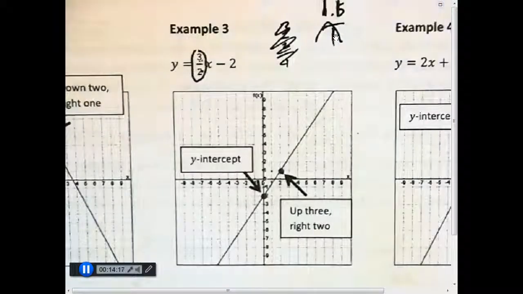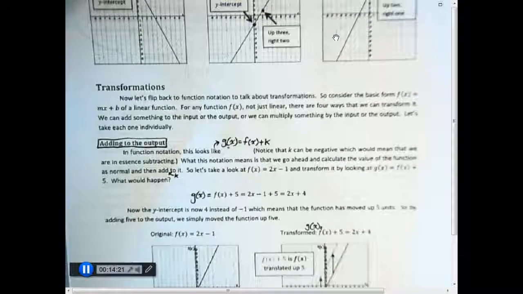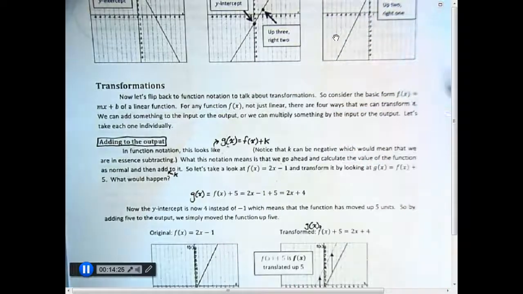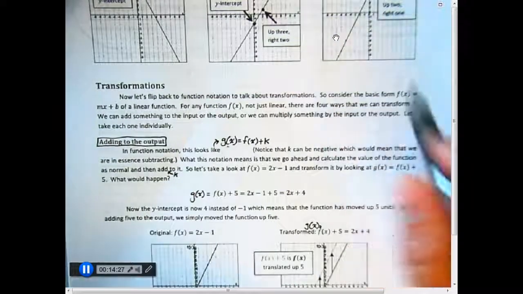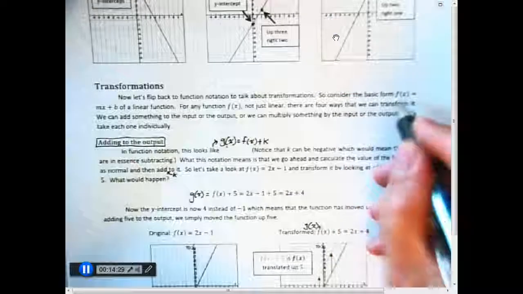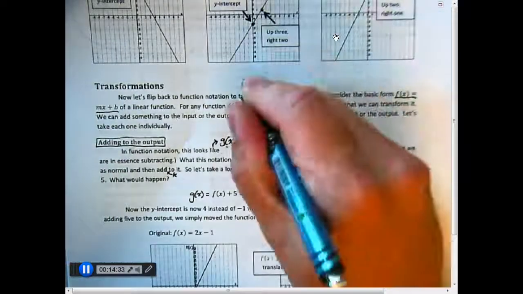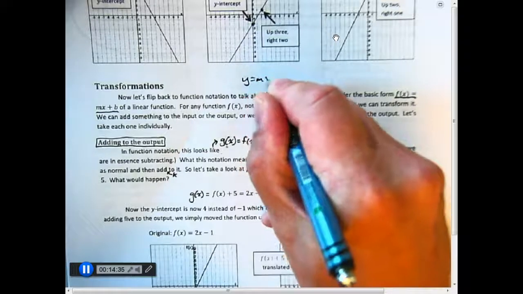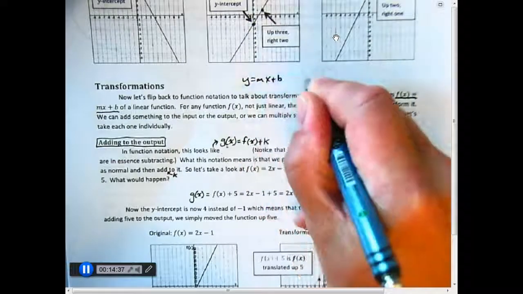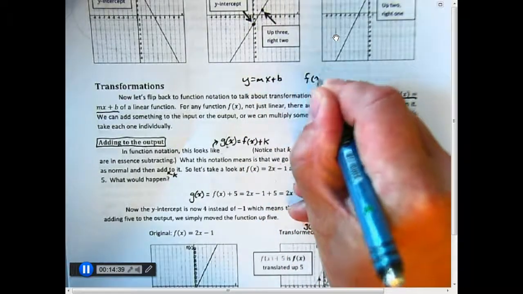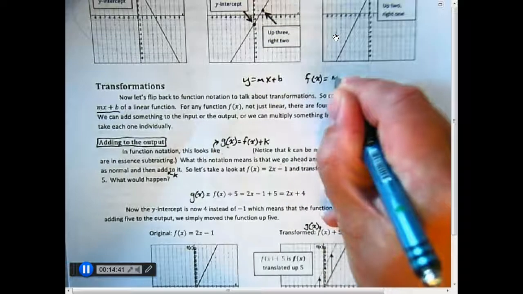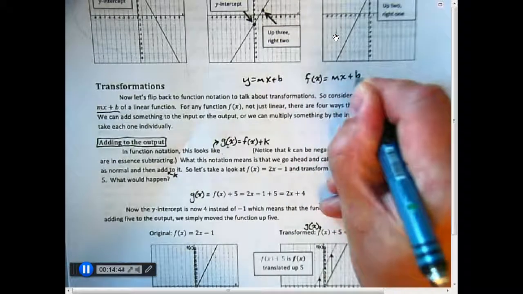Okay, very good. Transformations. This is really where we want to be. So let's flip back to the function. We have transformations. Please note they changed this rather than y equals mx plus b. It's kind of written in 2 different lines here, which is bad. Rather than calling it y equals mx plus b, they call it f of x equals mx plus b.